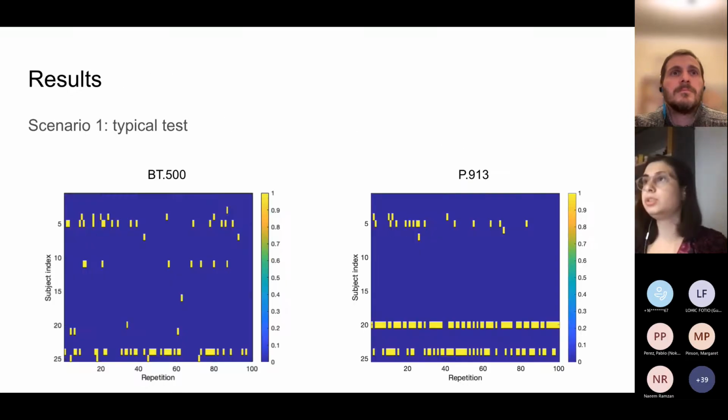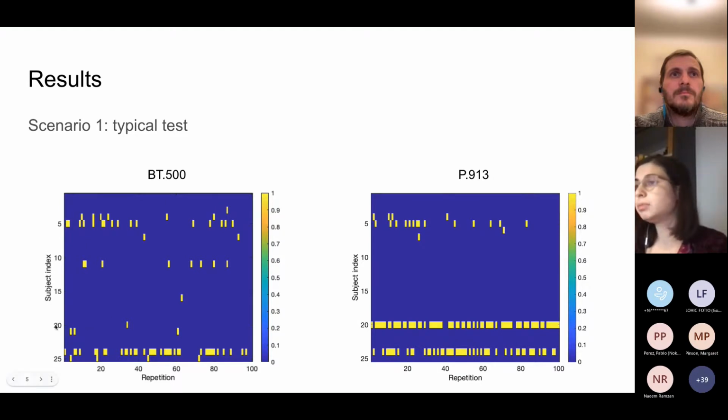And first I'm going to show some results on the basic outlier detection before any scrambling. And we see that with scenario 1, with the typical test, BT500 and P913 find a different distribution of outliers. We can see that subject number 24, in almost all of the repetitions and in both tests, is considered an outlier, and subject number 5 as well.